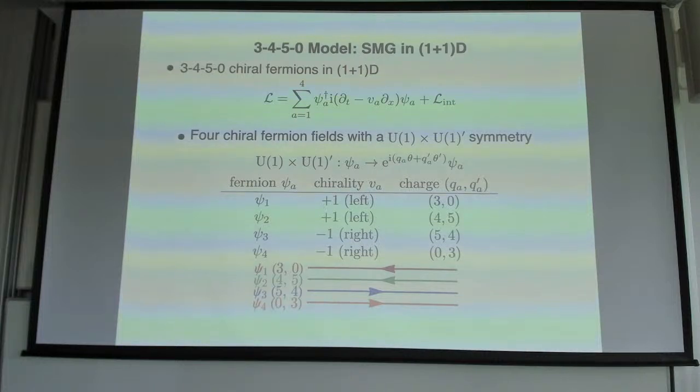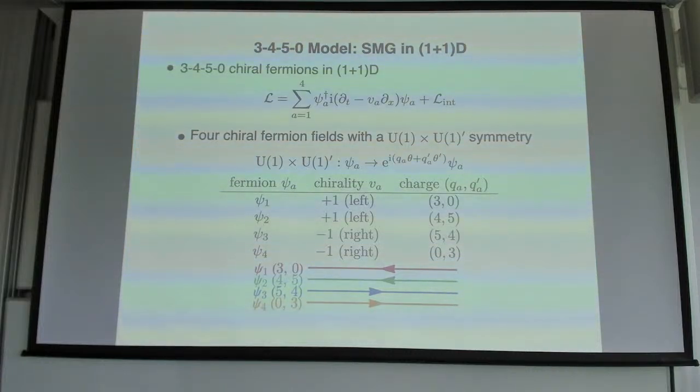You mean anomaly free, but has a very high central charge? Yeah, the gravitational anomaly cancels, but there is some exotic object called higher central charge, which seems to obstruct gapping the boundary state. But I'm not sure this boundary QFT is well defined as a purely 1 plus 1D theory. I'm not even sure whether this belongs to your discussion. Yeah, I'm not familiar with that. I see. Sorry.